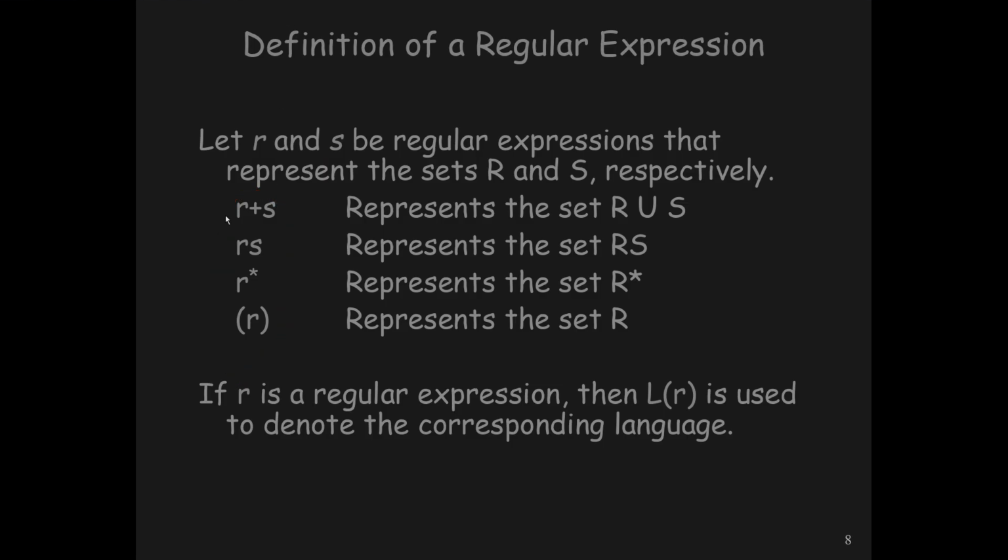The first one is R plus S, which is the union of the set corresponding to the regular expression R and the set corresponding to the regular expression S. So for R plus S, let's say our regular expression R is actually A and the S here is B. A plus B is the union of the language corresponding to this with the language corresponding to this.